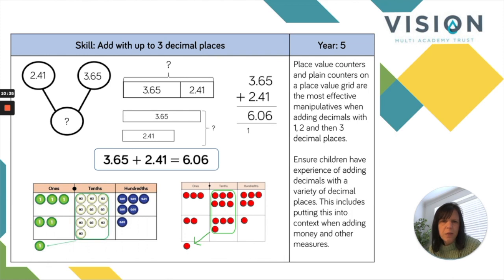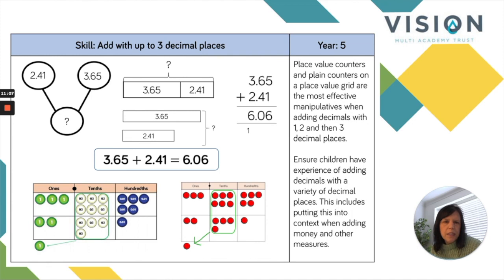So you can see from the red counters at the bottom, it doesn't always have to be the ones that are printed on. Again, you can write on them with whiteboard pens, but the use of these charts, again, really, really effective. And having these charts up on your working wall or in a little room if you're working with a small group, where you can actually move the numbers for them and they can visualize it, is another really good strategy to use.